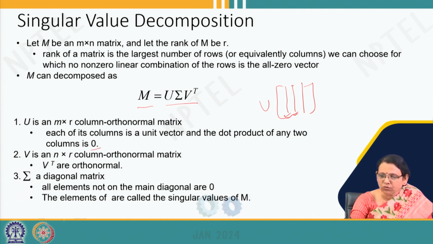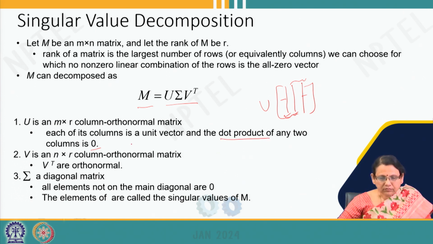Take any 2 columns, these 2 columns or these 2 columns. If you multiply individual elements and take the dot product, it becomes 0. So, U is an M cross R column orthonormal matrix.